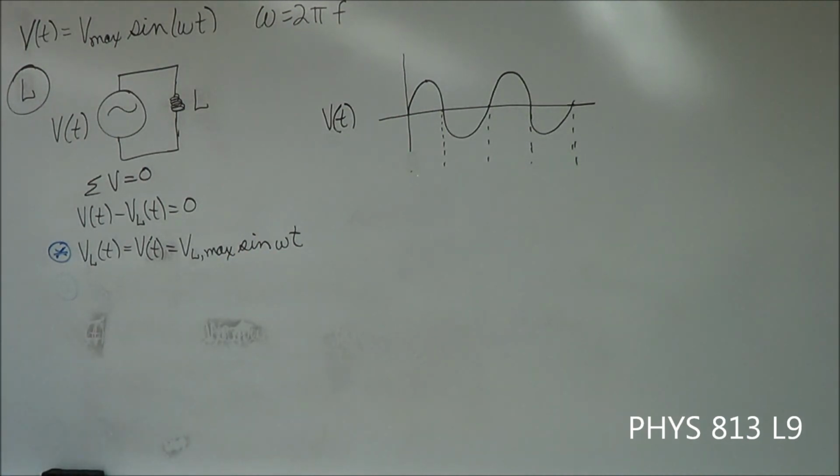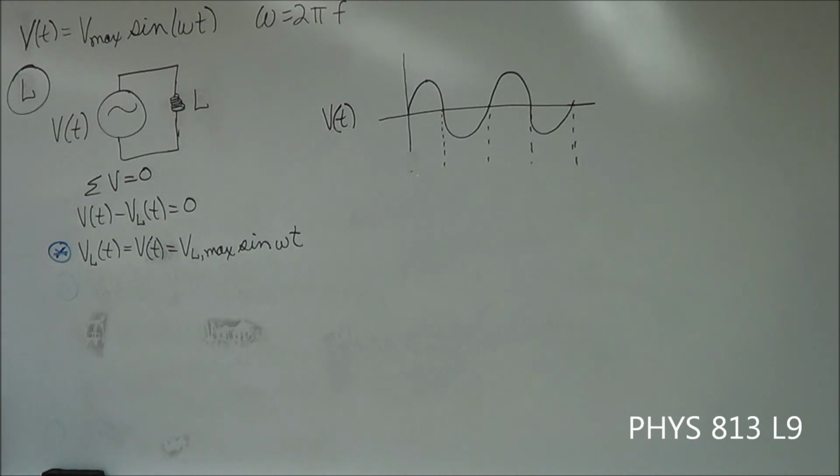So that all pretty much stays the same as before. Now we have to figure out what to do with current. Inductors are a little more complicated to deal with than capacitors, but I'm just going to do it and we'll see the end result in just a minute.